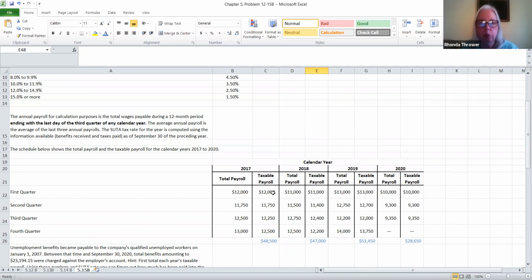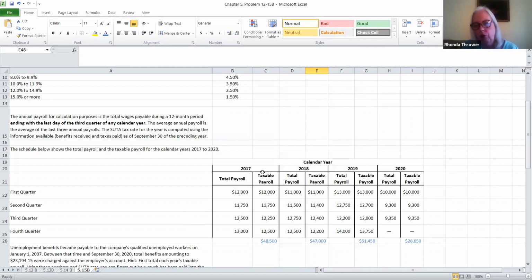The taxable payroll is what you use to determine what you are going to be paying into the state unemployment fund. This table was given to you in Cengage.